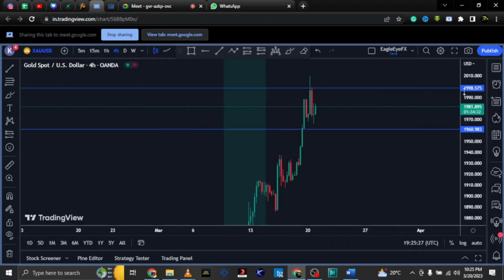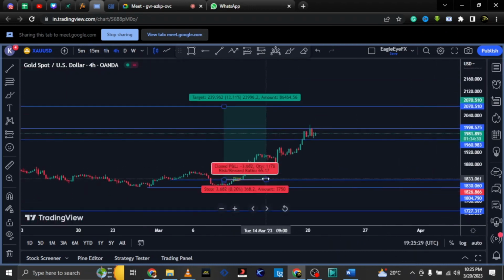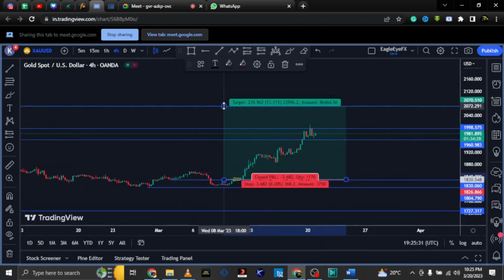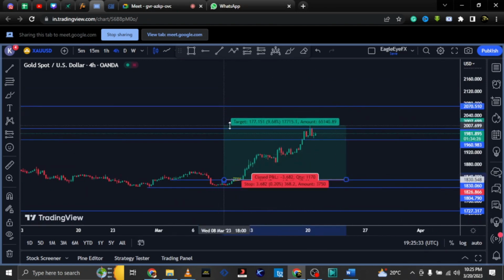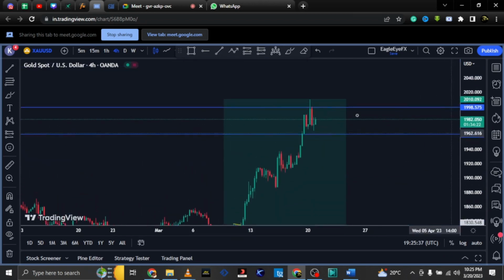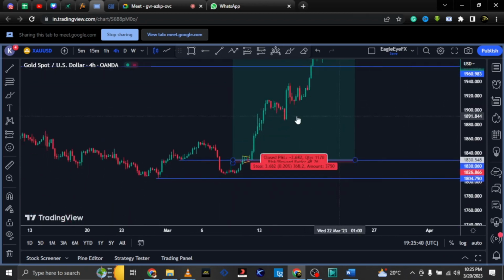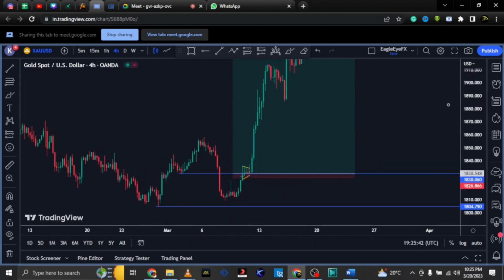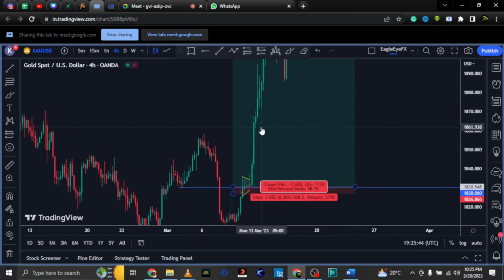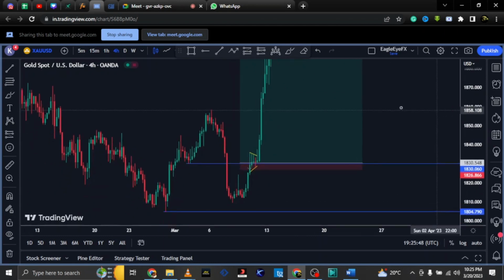This was the analysis I did, and I just let it go like that. And you can see that as we talk right now, it has actually played how many percent? 48%. What? 48%.